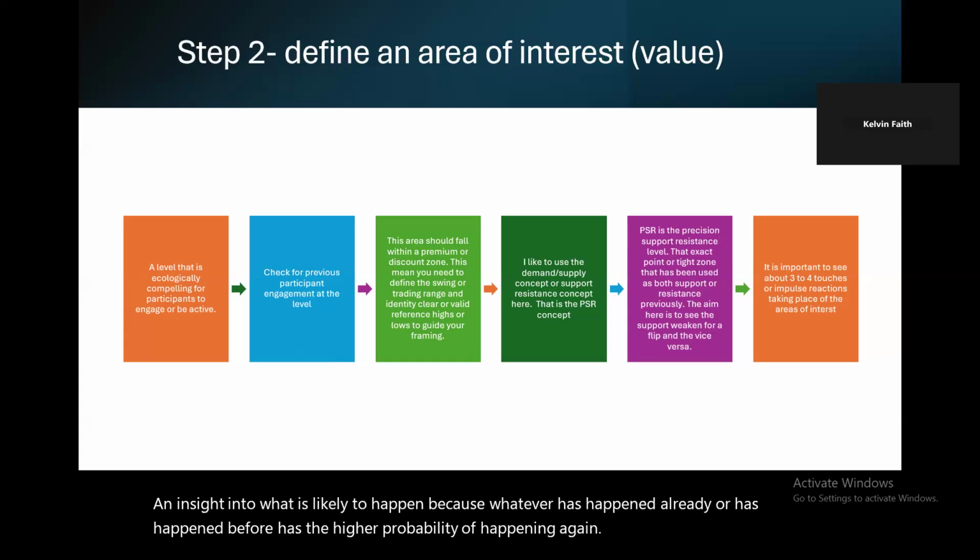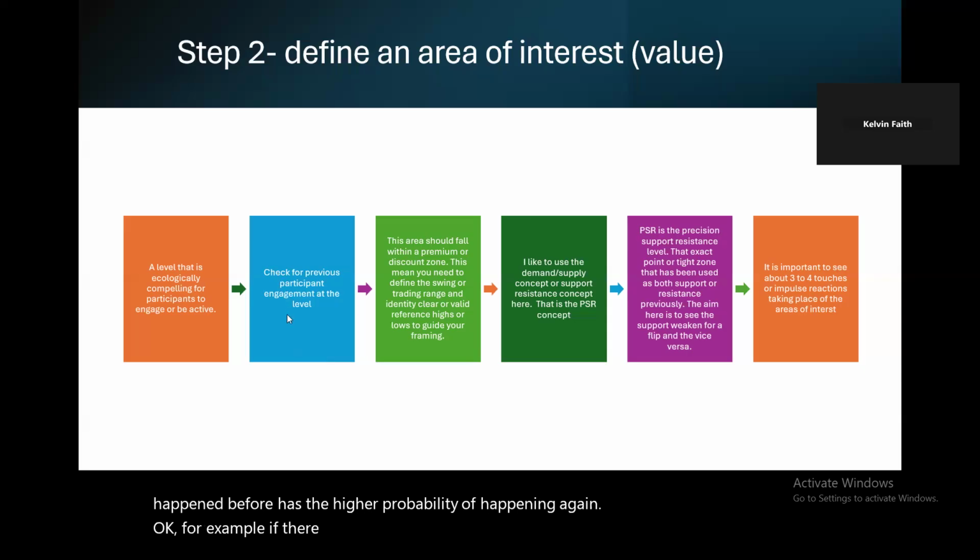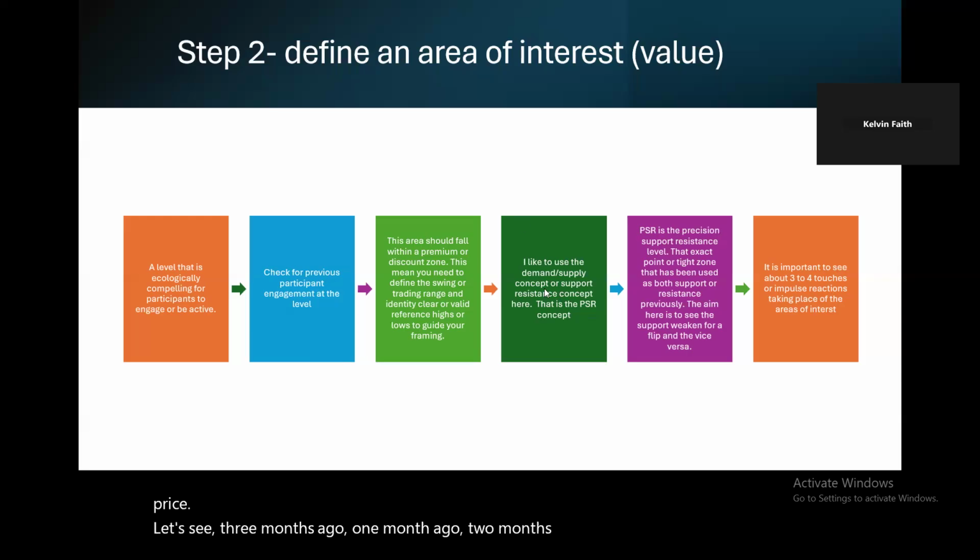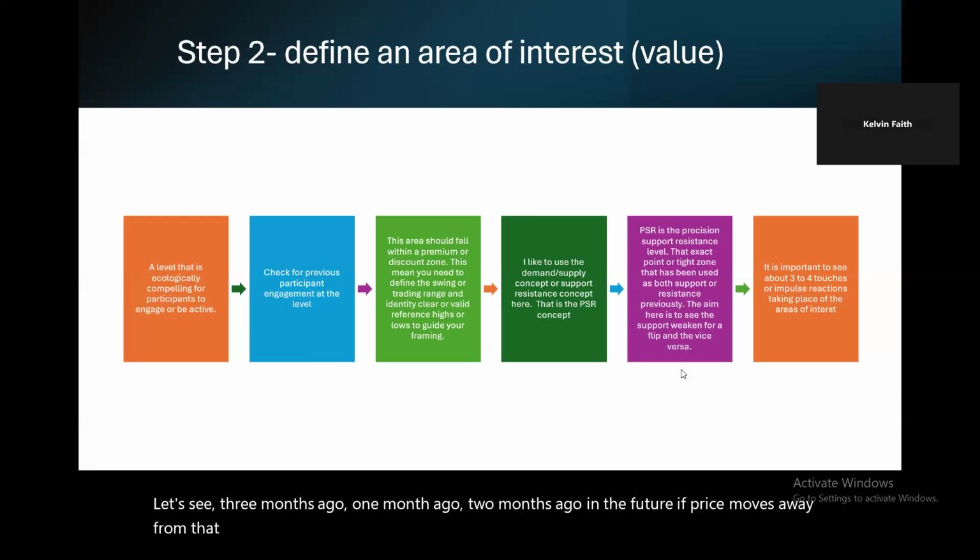For example, if there was a reaction or a rejection, or something happened at a particular price, let's say 3 months ago, 1 month ago, 2 months ago, in the future, if price moves away from that level and comes back there again, it is likely that a similar or the same reaction might happen.